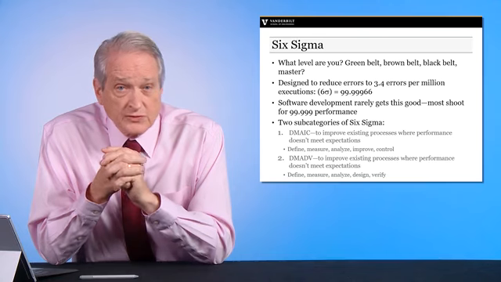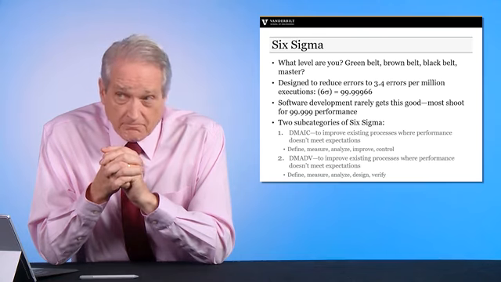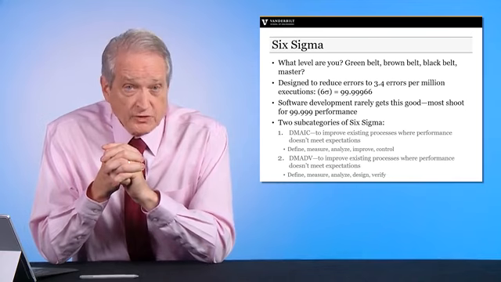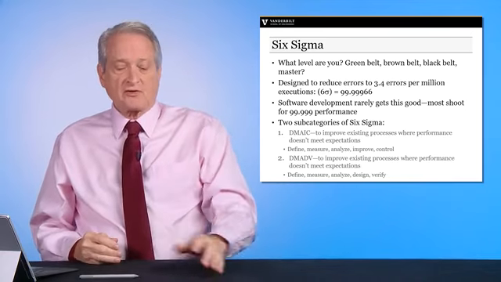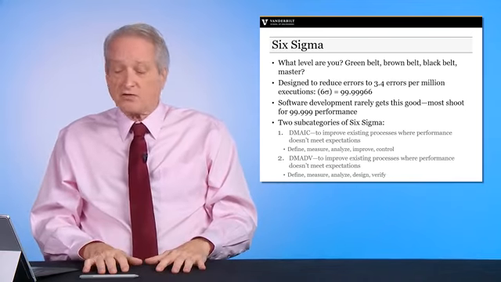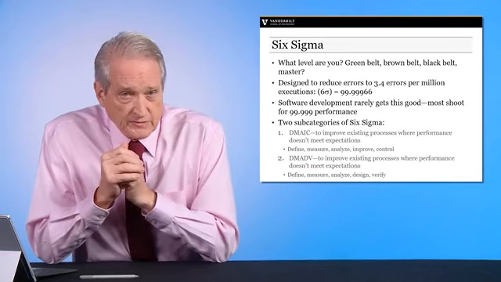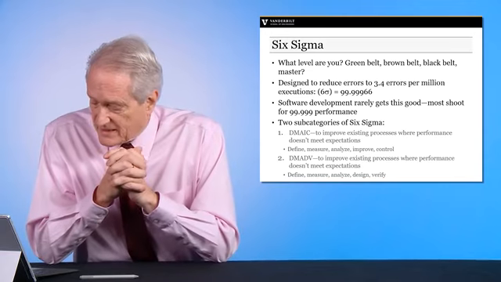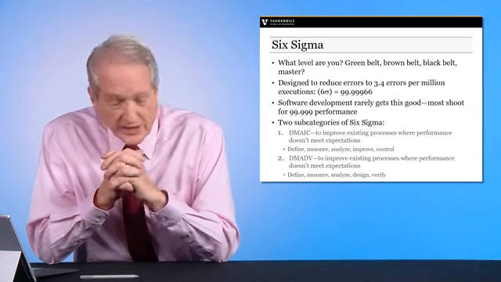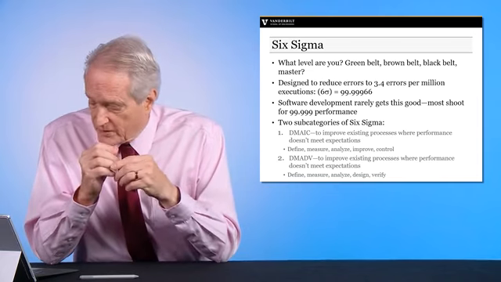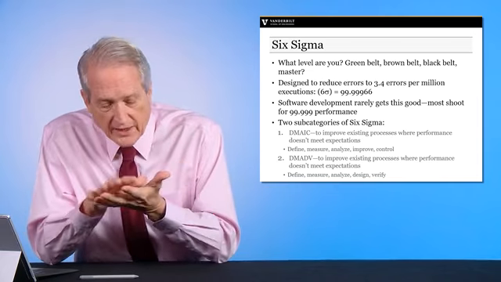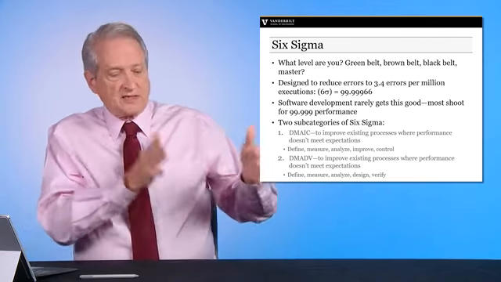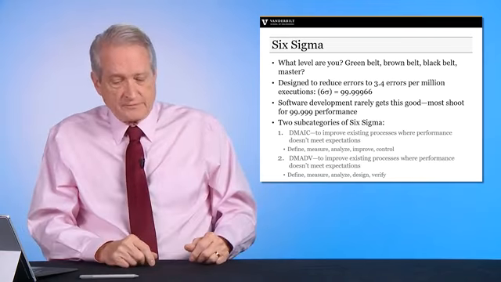So you need to learn whatever you can about a new process and try to reduce your errors. All this, you've got DMAIC, which is define, measure, analyze, improve, control in Six Sigma. You're trying to figure out the process and then improve it.